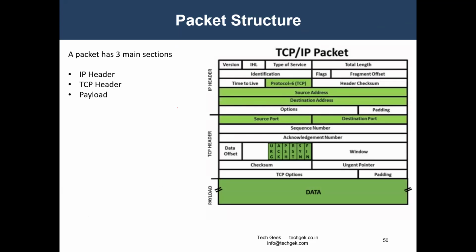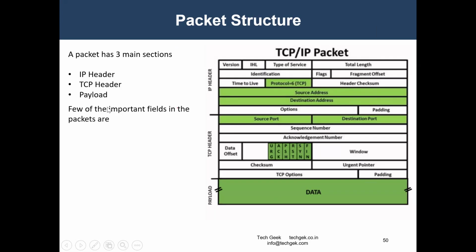The header contains version, header length, type of service, total length, identification, flags, fragment offset, time to live, protocol type, source address, destination address, source port, destination port, sequence number, and acknowledge number. We can see different types of TCP flags: urgent, acknowledge, push, reset, synchronize, and finish. And finally, we have the payload here.